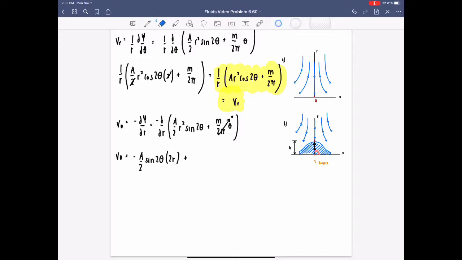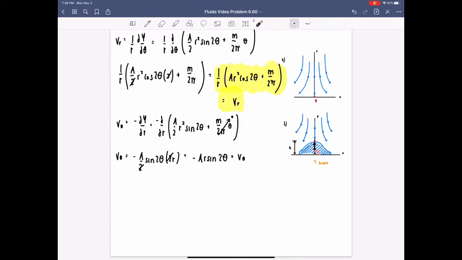So this can actually go away, which is equal to, these 2's will cancel, negative a r sine of 2 theta is equal to the velocity in the angular direction.